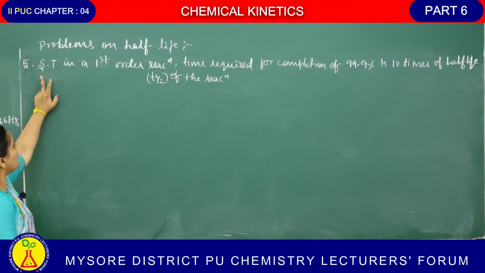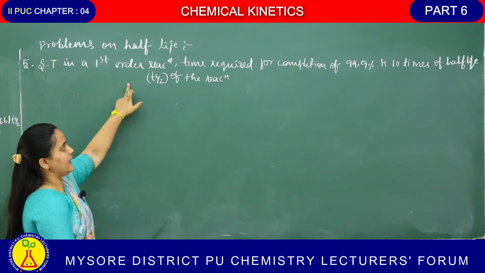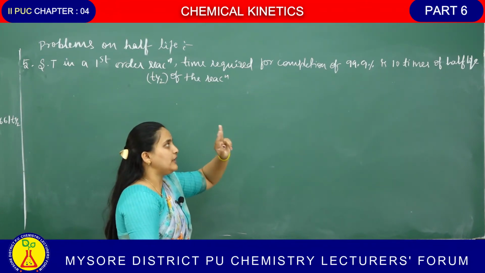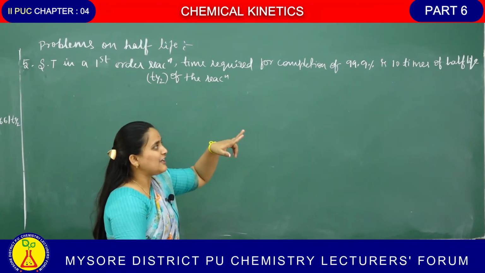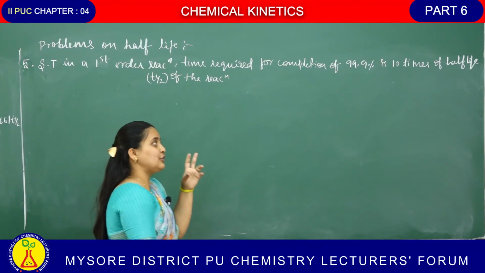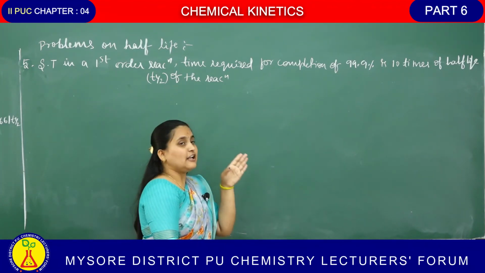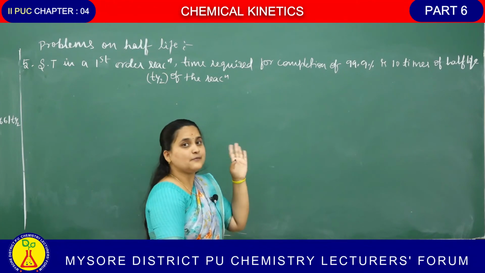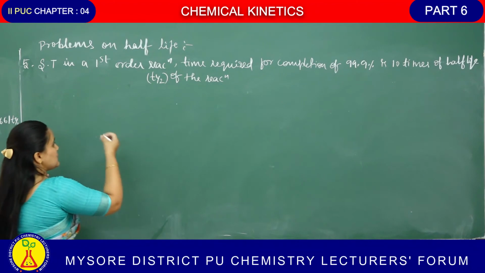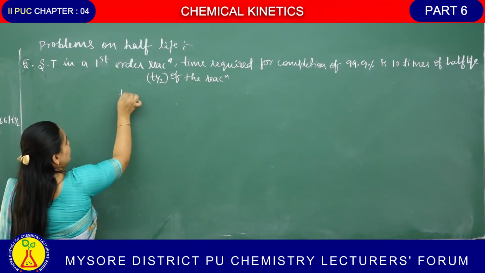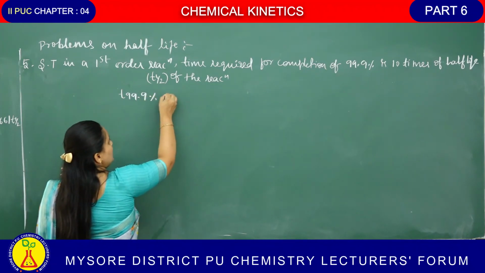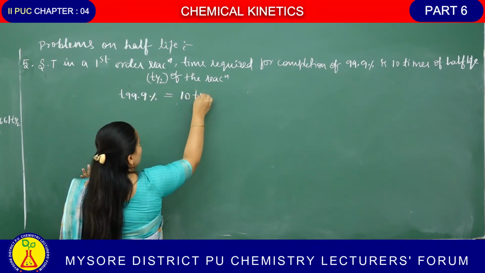See the fifth question. Show that in a first order reaction, time required for completion of 99.9% is 10 times the half-life of the reaction. They have asked us to prove that the time for 99.9% of the reaction to complete is 10 times the half-life of the reaction. Means first we have to prove that t 99.9% is equal to 10 times the half-life of a reaction.